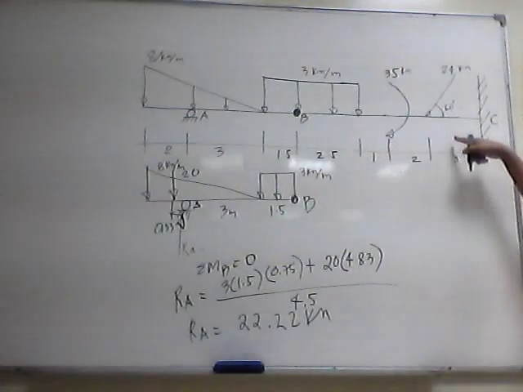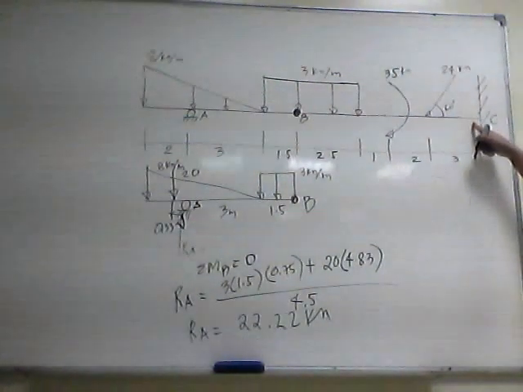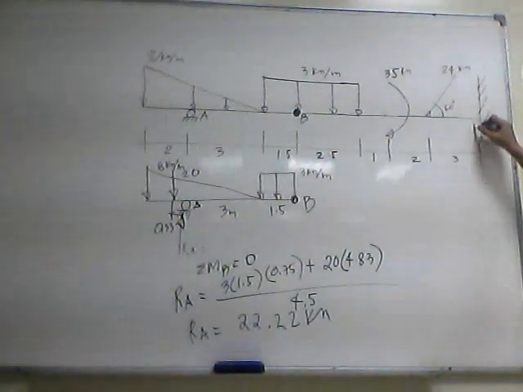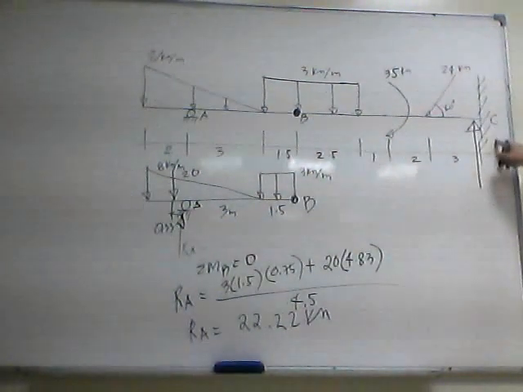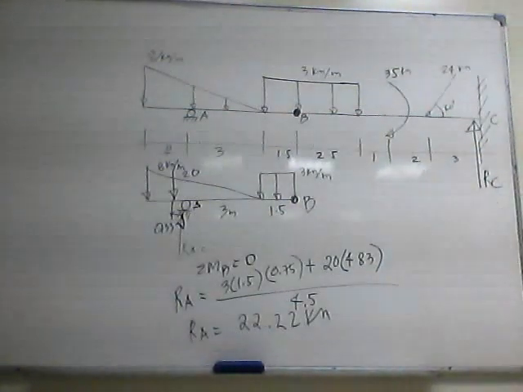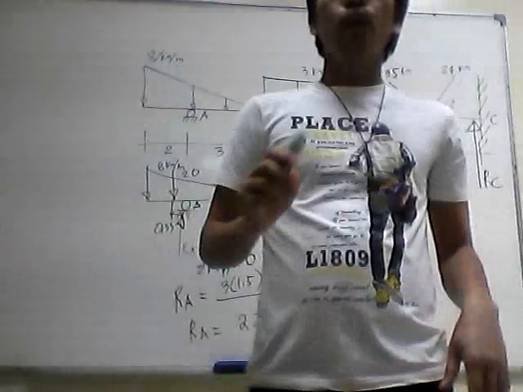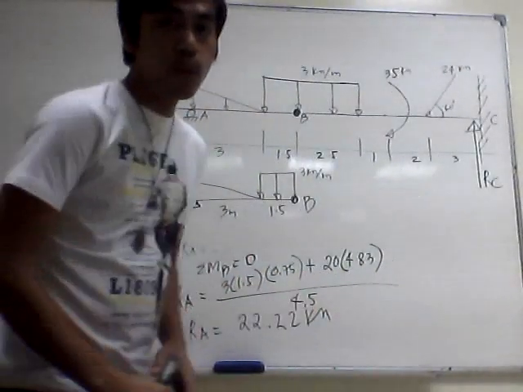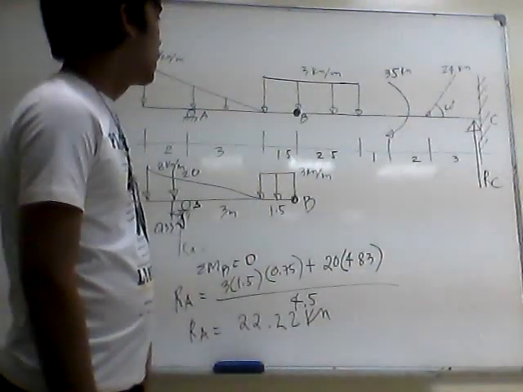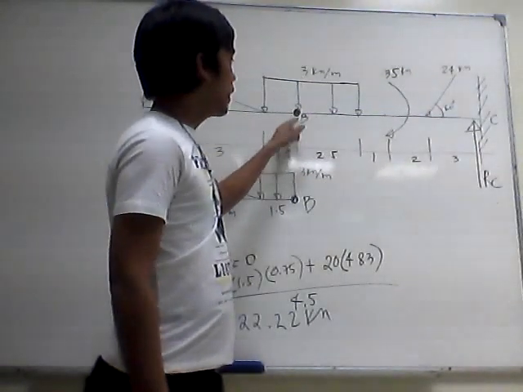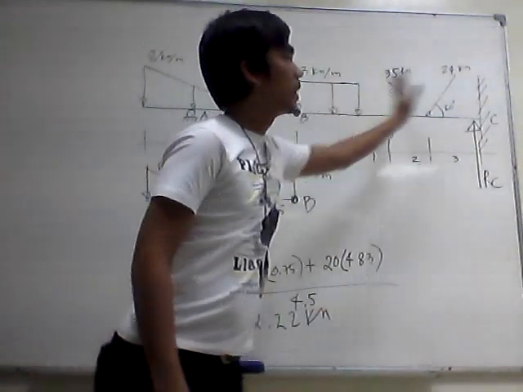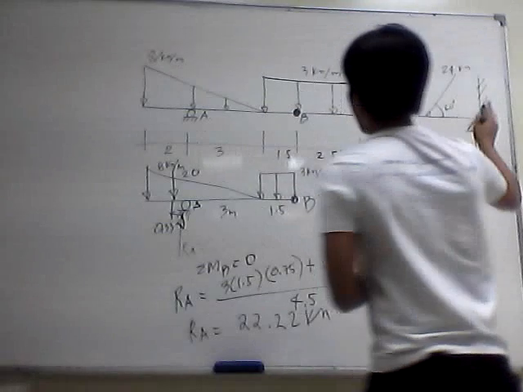What we have to do next is to solve for the vertical reaction at C, and this is RC. So here, you have 2 options. One option is to cut the beam again and consider the right portion here.